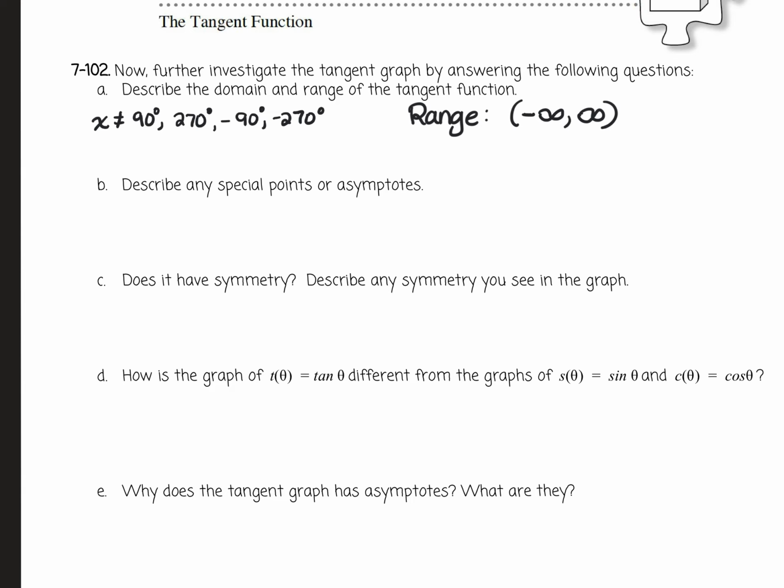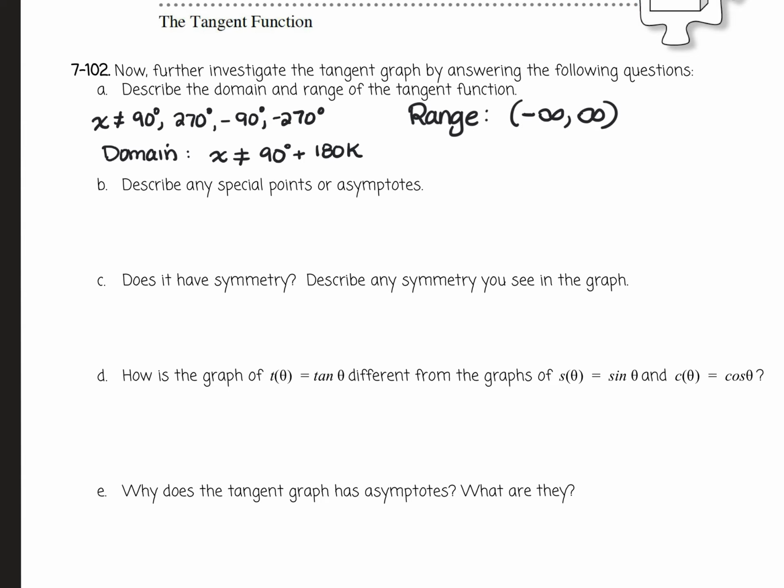So we can say that our domain, and we can't write this without writing a whole bunch of intervals. So what I'm going to do for this one is say x cannot be 90 plus 180 times some number. I'm going to call it k. Now, I don't have to pick k. I could pick a different number.